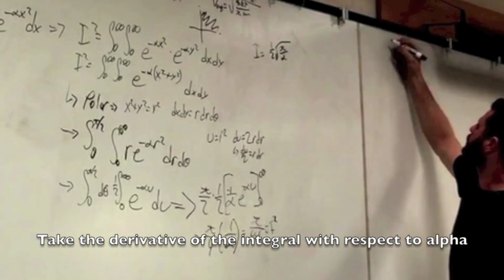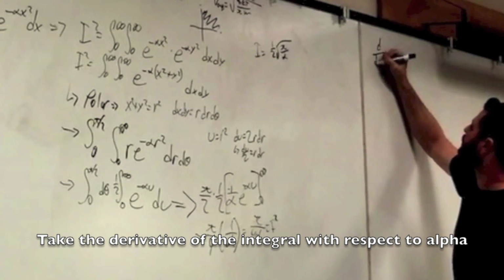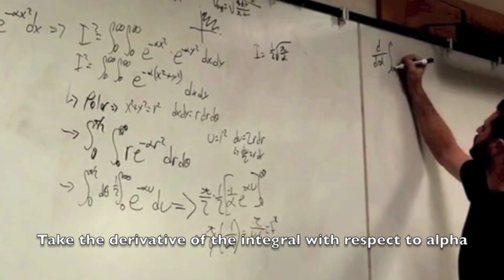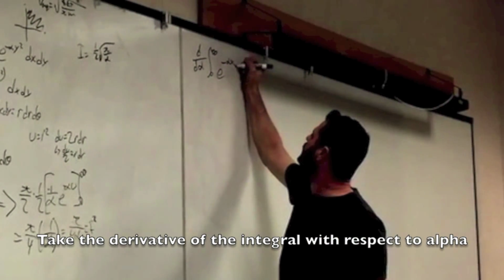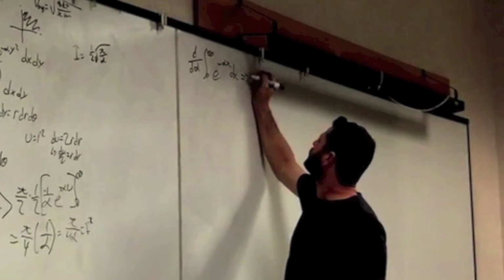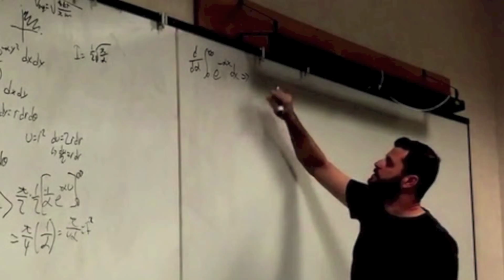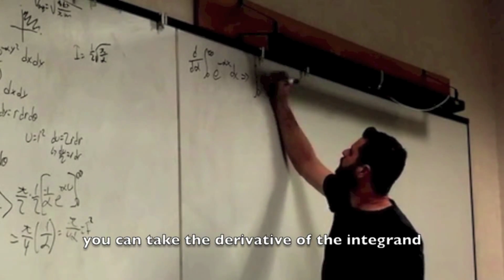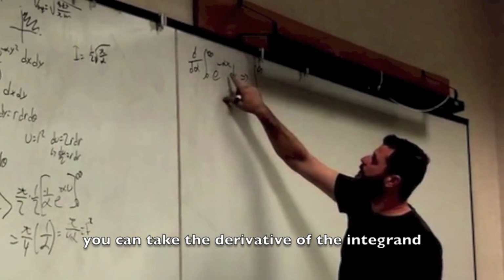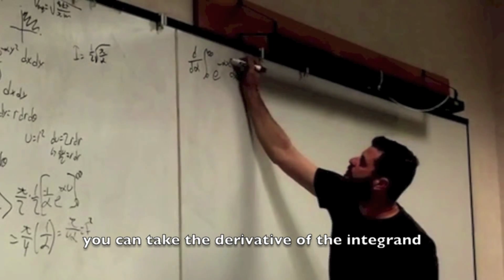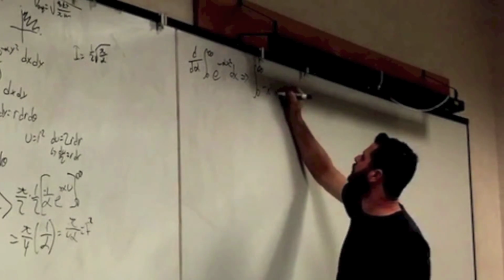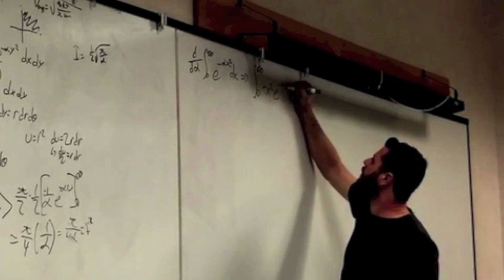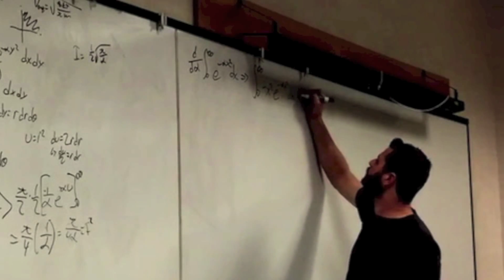Now if you take the original integral, you take the derivative with respect to alpha. It's the same as moving the derivative on the inside, which would give you, and again we're doing a derivative with respect to alpha, so we get a negative x squared e to the negative alpha x squared dx.